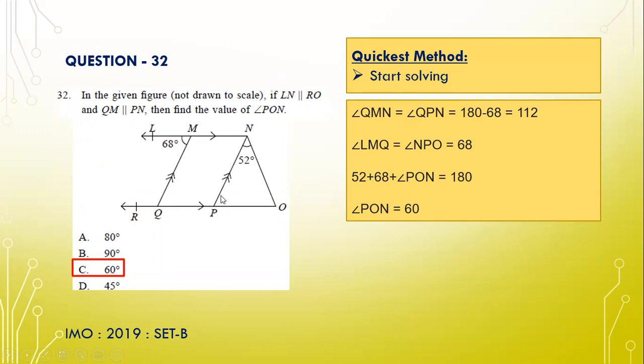QPN also will be 112. And if this angle will be 112, what will be this angle? 180 minus 112. So angle NPO will be 68. Now in this triangle, if this is 68, this is 52, then what is this angle? Again simple, 180 minus 68 minus 52, which will be angle PON, which will be 60. This angle is 60.